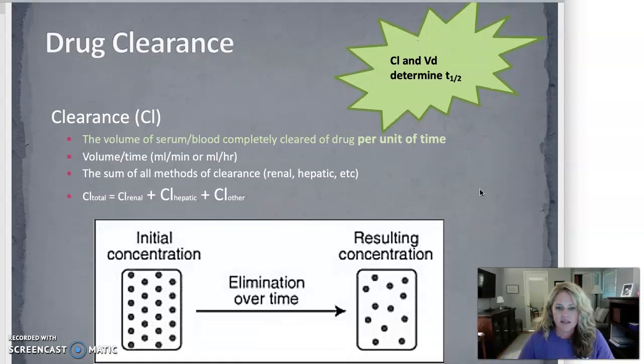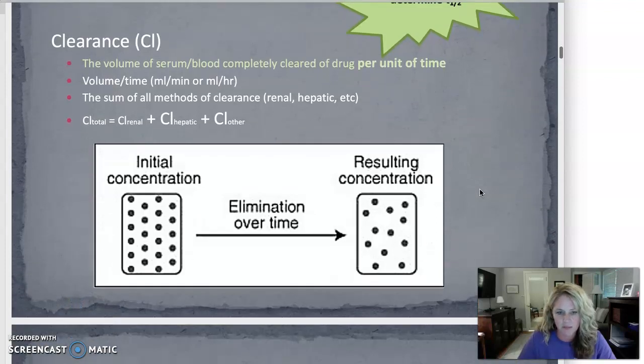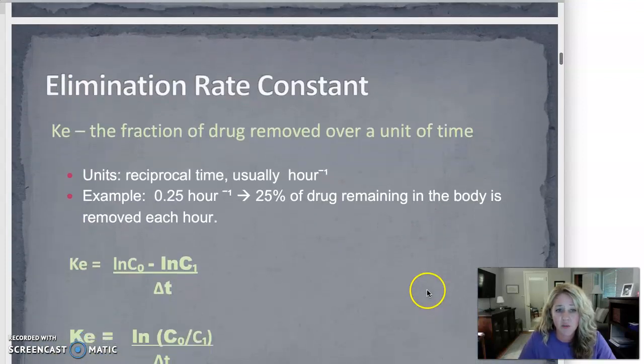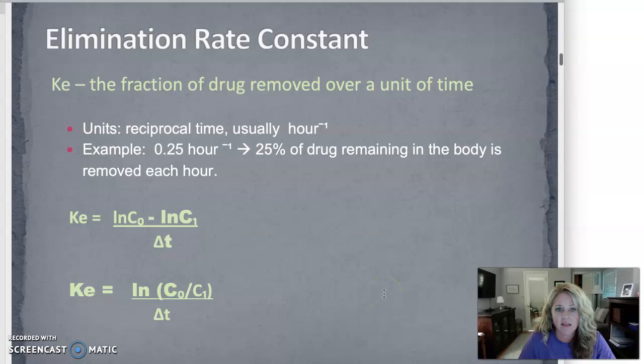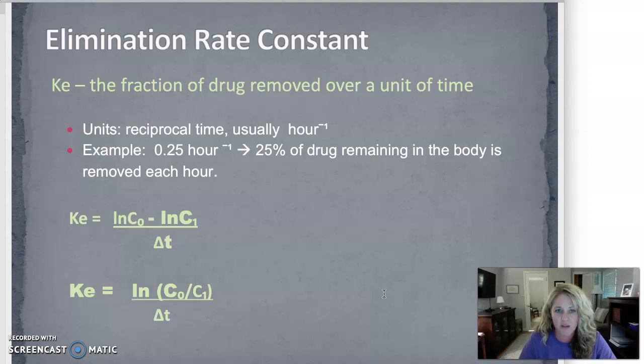And so again, you can see how elimination over time removes concentration from the blood. The elimination rate constant is KE, the fraction of drug removed over a unit of time. So 0.25 hour to the -1 means that 25% of the drug remaining in the body is removed each hour.